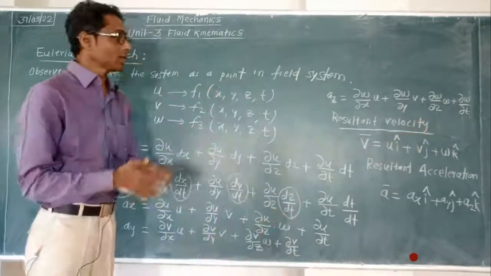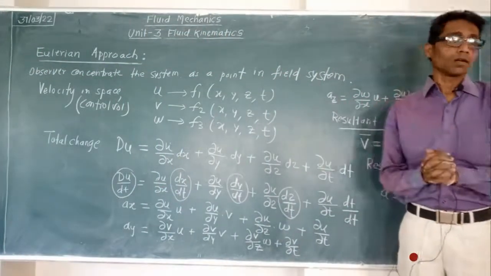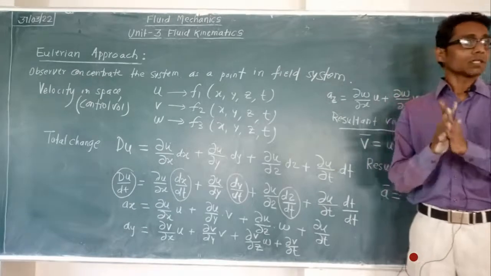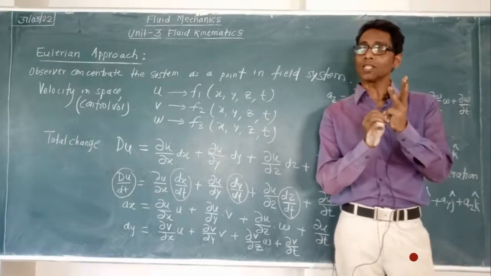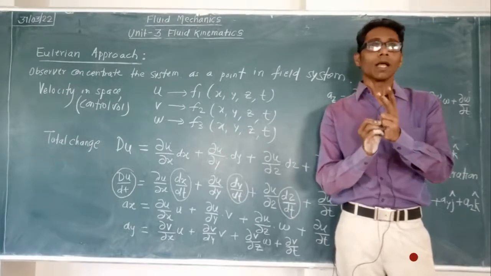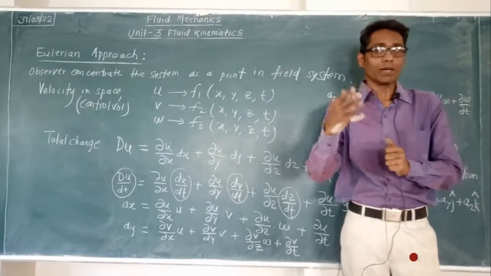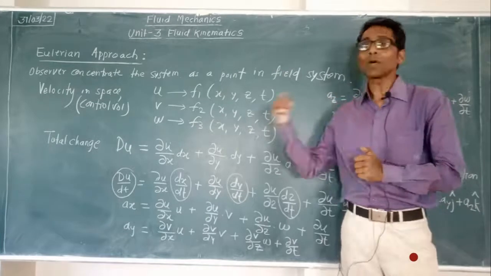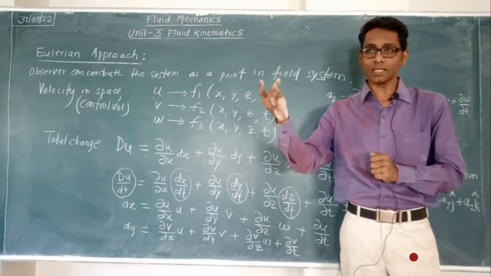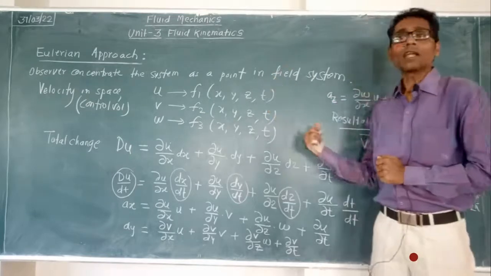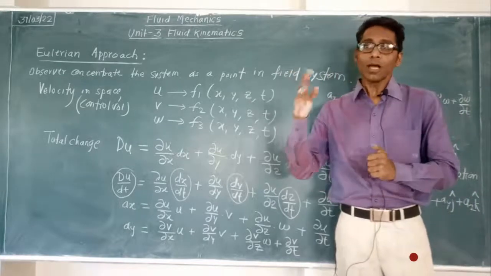Okay, so in this way we covered in today's session the basics of fluid kinematics. We discussed the flow description approaches, that is the Lagrangian approach and the Eulerian approach, the exact difference by pictorial view or drawing, and after that the mathematical treatment, means equations for the velocities u, v, w, and accelerations ax, ay, az, and finally the resultant velocity and resultant acceleration for both approaches.